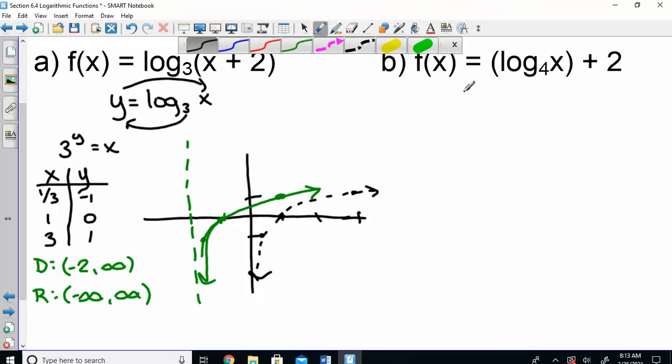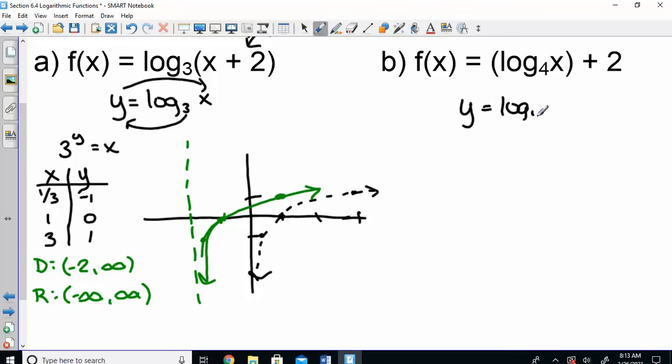On B, what would I graph for my parent function? So that means 4 to the y equals x.